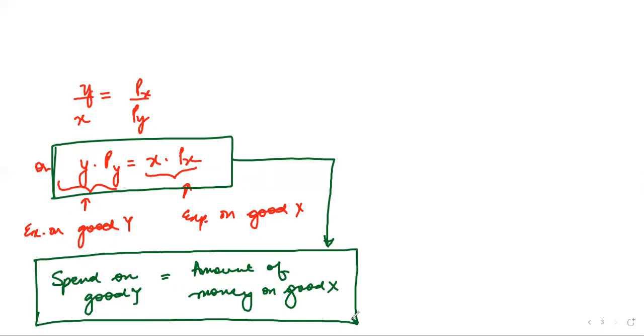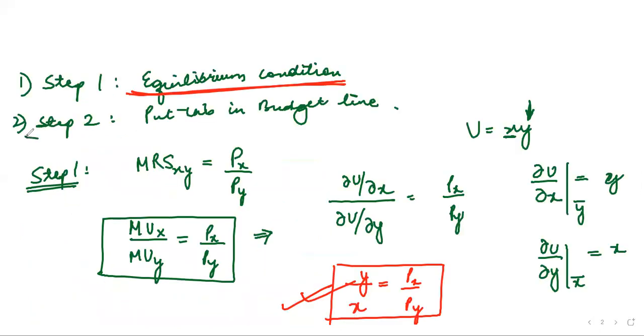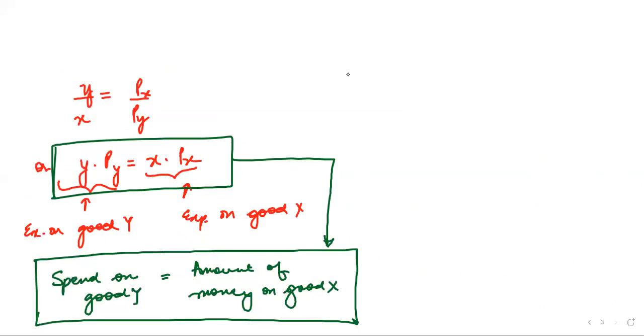Once I know my equilibrium condition, what's step 2? You put this back in the budget line. So what is your budget line? Your budget line was Px into X plus Py into Y is equal to M. Instead of YPY, I'm going to replace it by XPX because the two are the same.